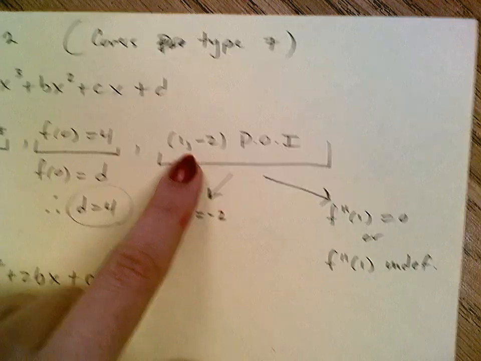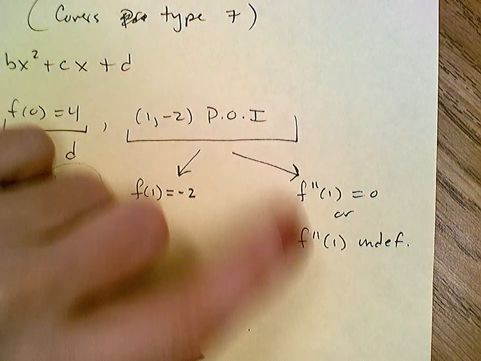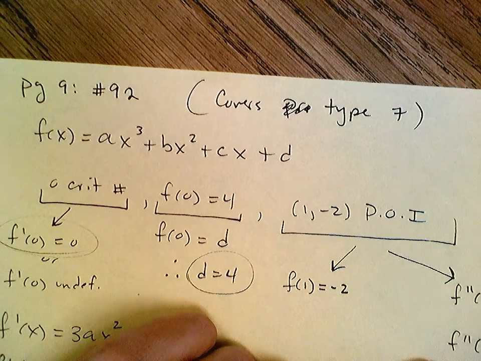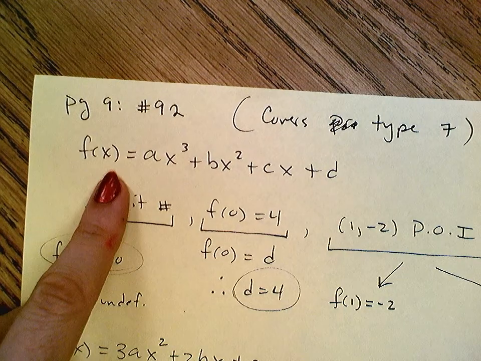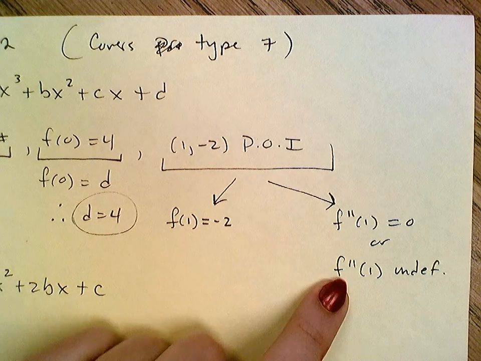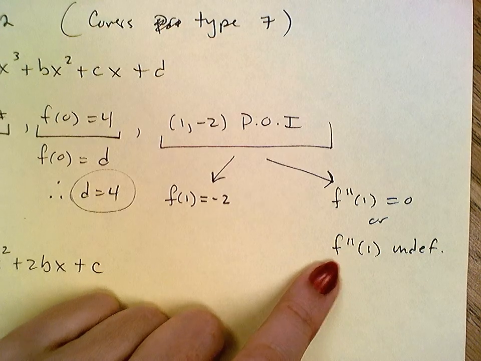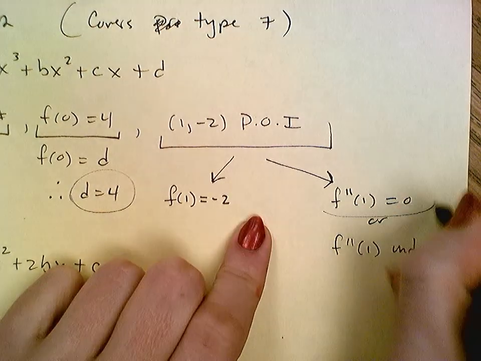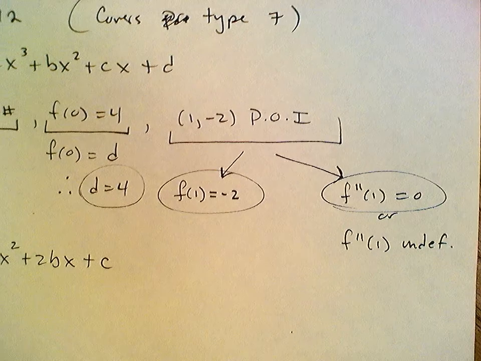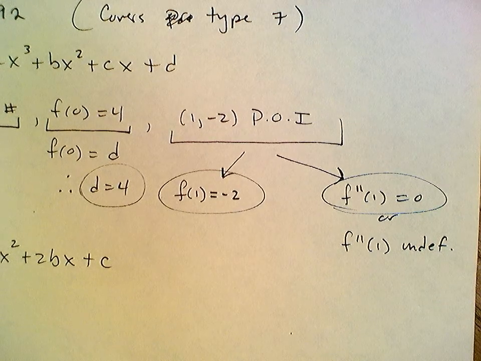Well, if this is a point of inflection, then either this or this for the second derivative. But the original is a polynomial, so we don't have to worry about this undefined case because all of its derivatives are defined. So we know this. So these are the two things we know here.